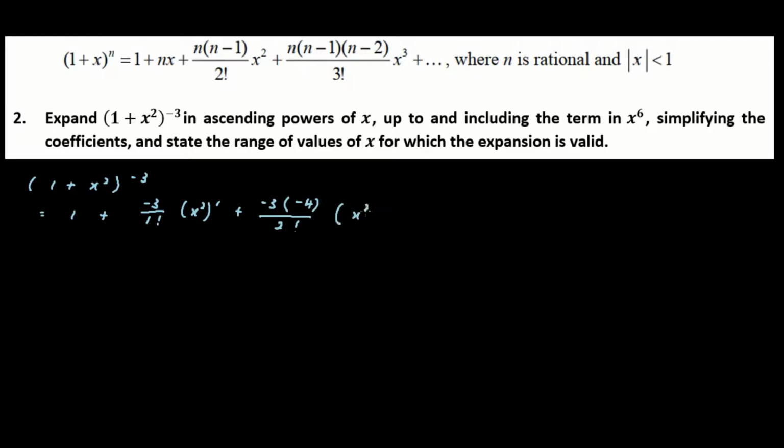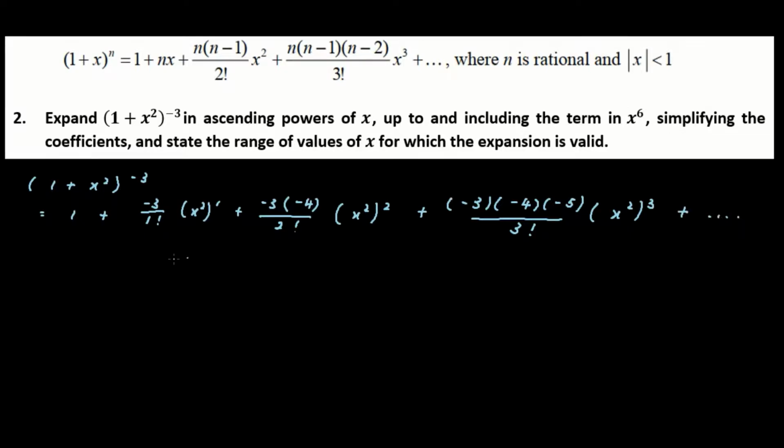So this is also power 2. Okay, so the same thing, but now 3 numbers, -3, -4, -5. So that's why you write 3 factorial. Then after that, x squared also to the power 3. So now you realize that here you already get x to the power of 6, right? They only want up to x to the power 6, so I no need to continue anymore.